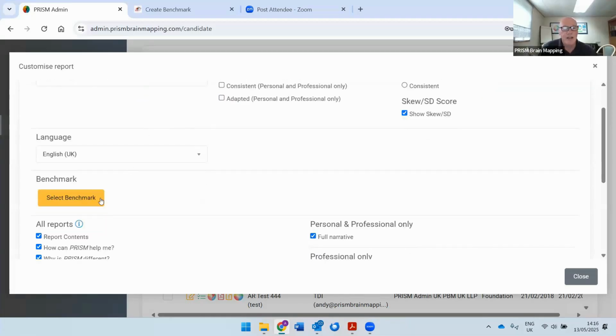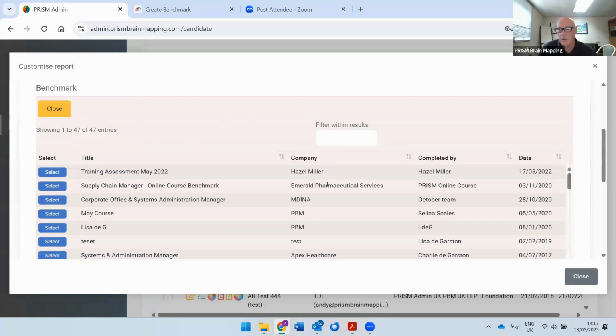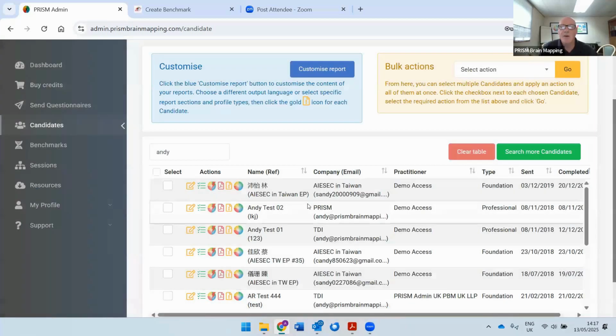And obviously, I want to select the benchmark. So select here. Again, you can either go find it on the list or you can filter within the results. So this is the one we want, Emerald Pharmaceutical. Select, close this. So we now know that we've customized the output so we can pick our particular candidate. So I'm going to look at Andy test 01. I'm going to look at the map first, see what comes out from the map.